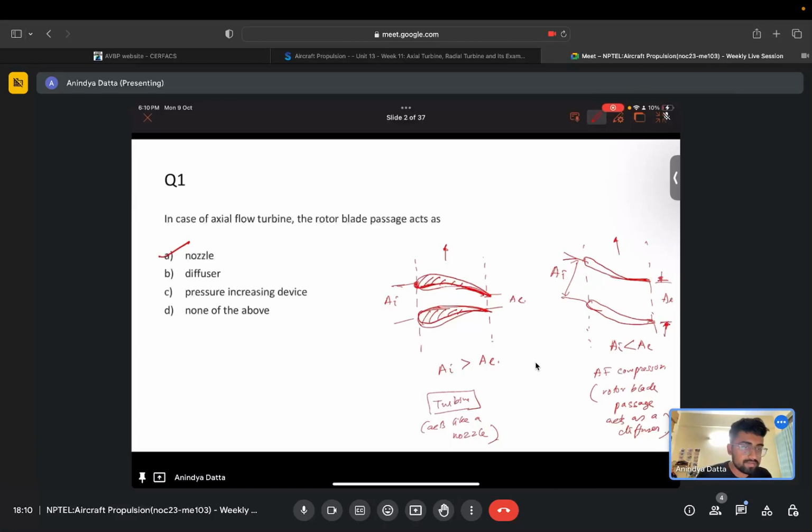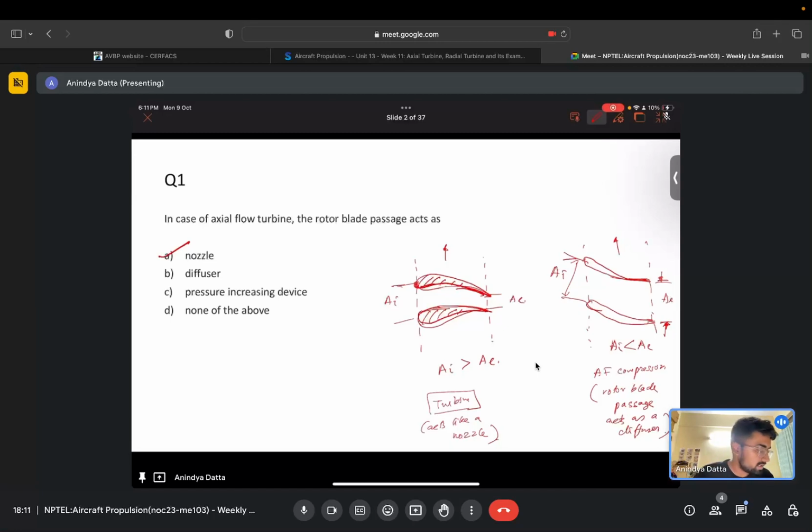Remember these diagrams I have drawn, where generally the flow is subsonic, so this is true. Remember when we discussed nozzles and diffusers, depending on the Mach number of the flow, the converging area duct or diverging area duct can behave as both nozzles or diffuser.